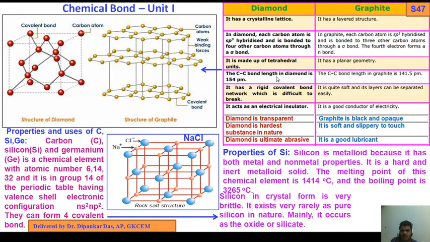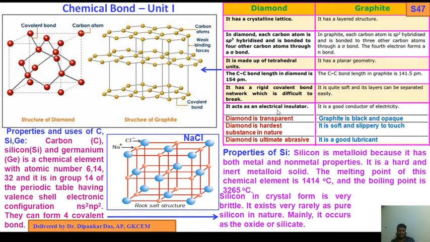The carbon-carbon bond length in diamond is 154 picometer and in graphite it is 141.5 picometer. Diamond has a rigid covalent bond network which is difficult to break. Graphite is quite soft and its layers can be separated easily.